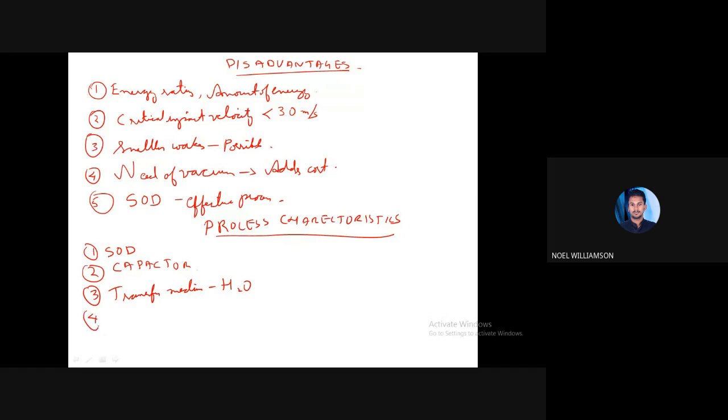Then the next process characteristic is the vacuum itself. So we know we need the vacuum. Based on the amount of the vacuum, we'll be able to prevent the adiabatic heating, and it will be helpful to collapse the workpiece towards the die. And finally, the material property of the workpiece material.